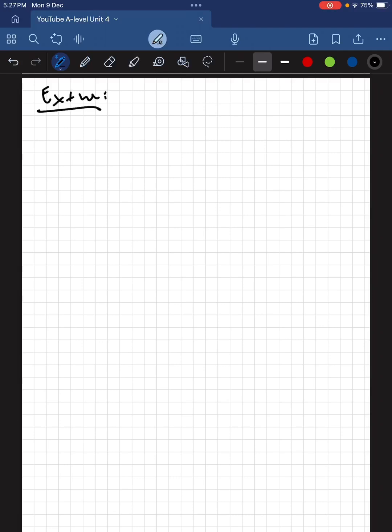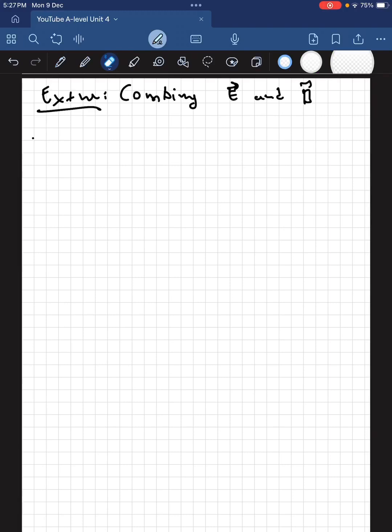Okay, so extra, and I'm gonna title this as combining E, an electric field, and B, a magnetic field.